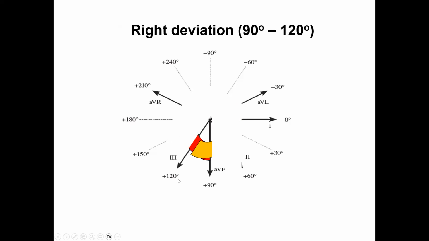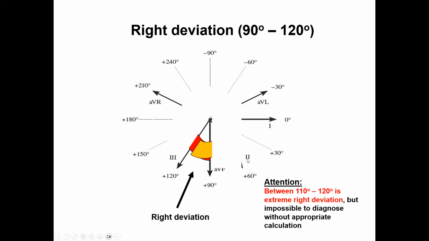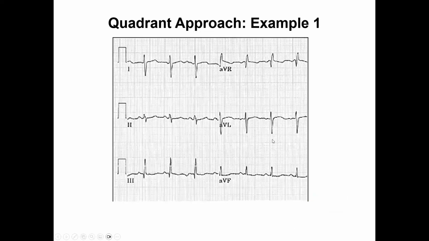For sure, the clear-cut value is 100, but it's very difficult to see whether it's 100 or not. But that's right deviation. And what does right deviation mean? It means that an anatomical situation could explain this deviation. So sometimes it's normal, sometimes it's not. You have to consider the shape of the patient, whether that's a young one, a tall one, that can be falling in this portion. If it's a fat one or short one, it cannot be. So this is how you should approach this.